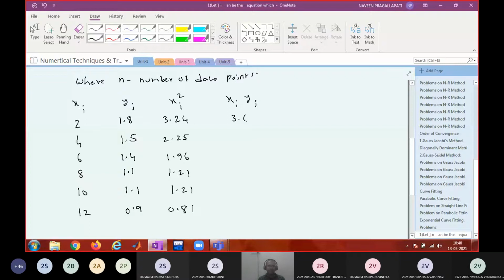This is 3.6. Am I right? This is 6.0. Sir, any mistake? xi square, no, you have taken yi square. Oh, yeah, I agree. I realized my mistake. I have to take the square of x values, right? So it has to be 4, 16, 36, 64, 100, 144. I agree.